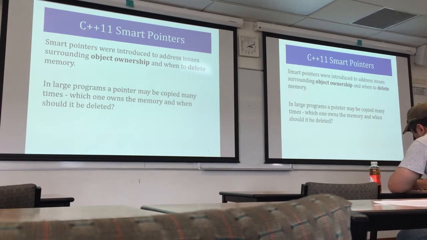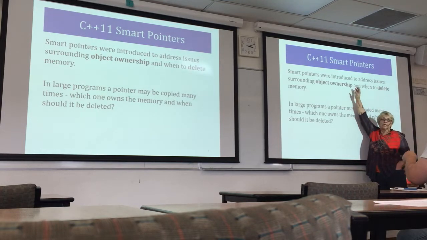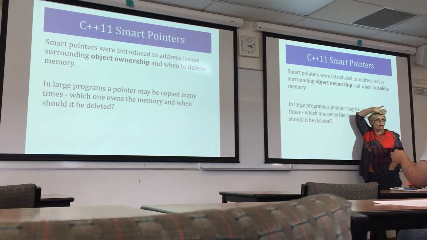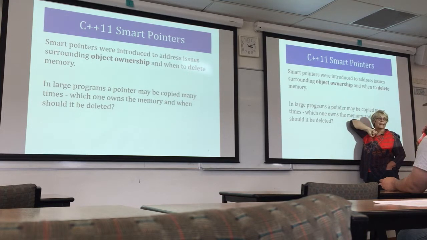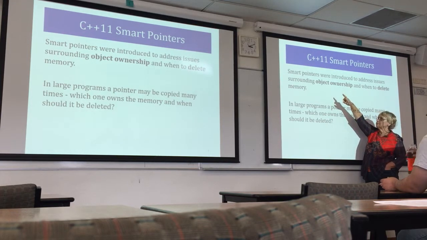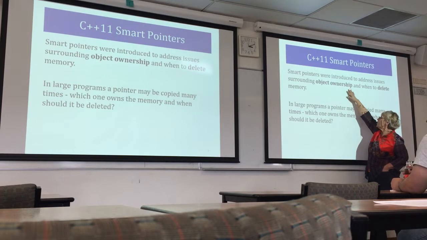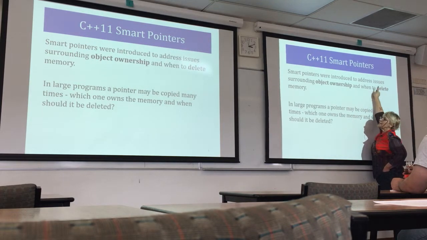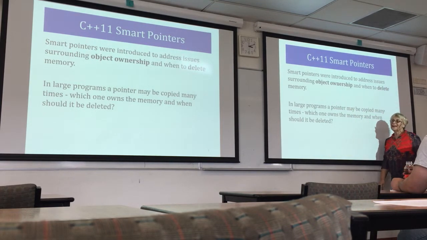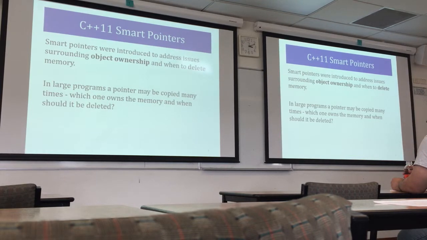So, they address the issue of object ownership. Object ownership is a problem to be solved, and this problem is solved by smart pointers. As I mentioned, ownership refers to who is responsible for releasing the memory back to the system.